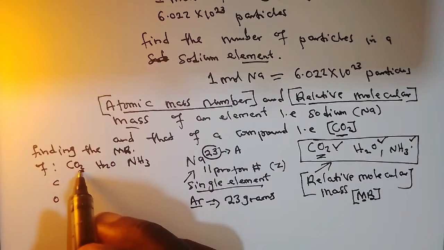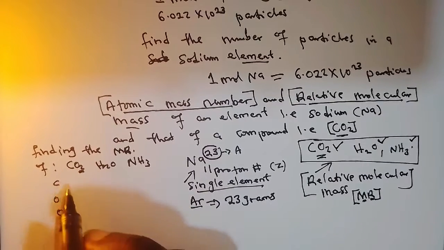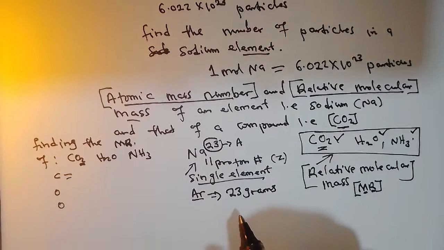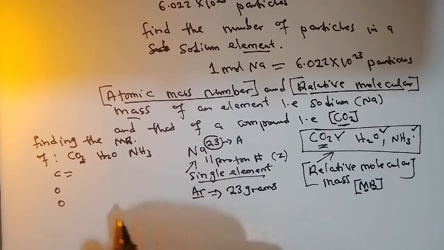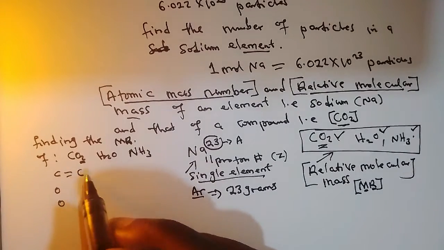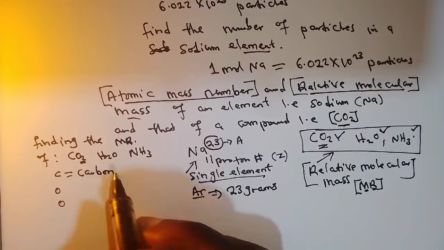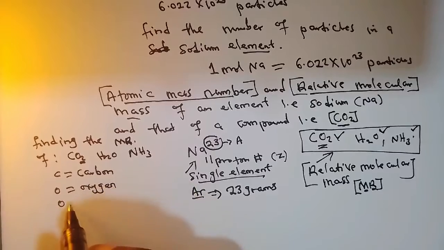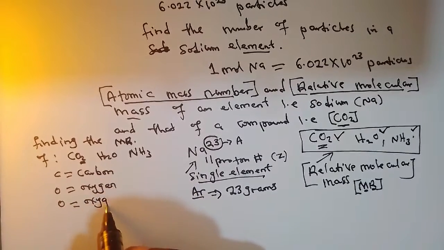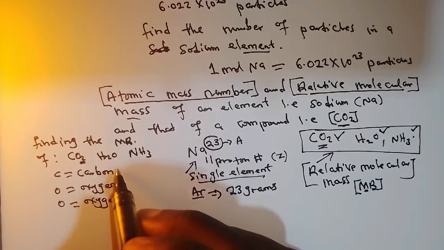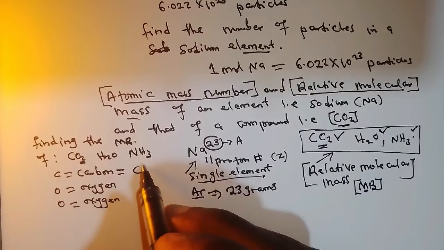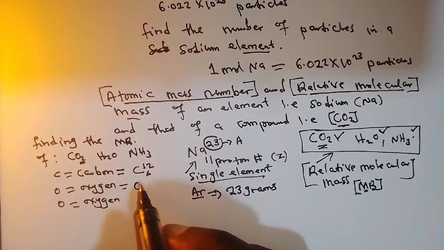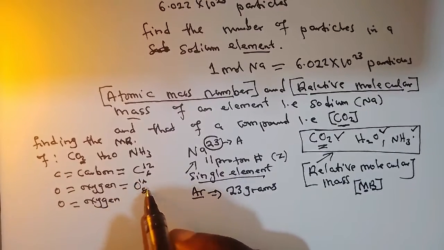Okay, so oxygen, we have 2 of the oxygen there. So all you have to do is when you go to the periodic table, you'll find that C is carbon, and this one is oxygen, and this one is also oxygen. So now the carbon on the periodic table is like this. The oxygen is 16 8.